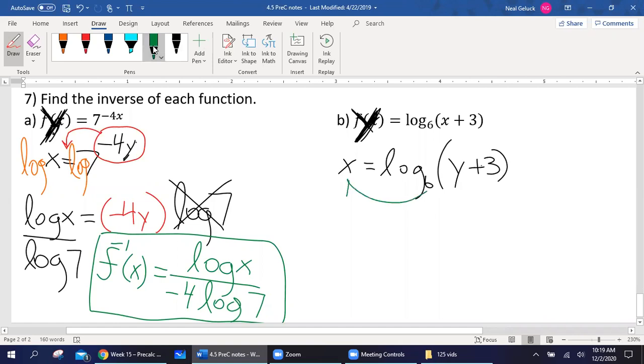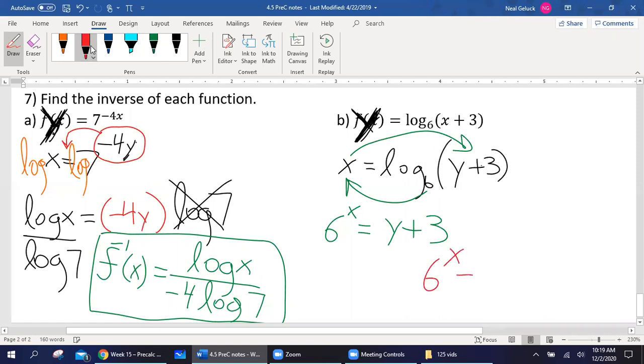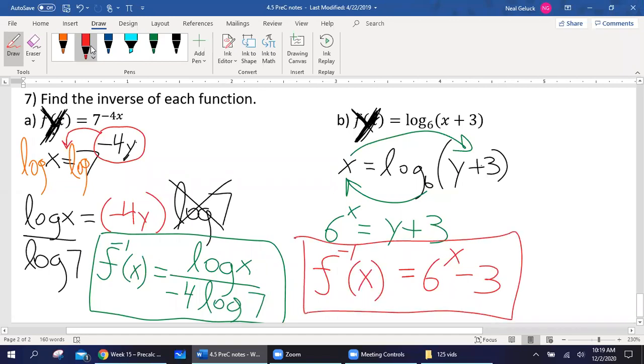So I'm going to do loop-de-loop, convert this to an exponential. 6 to the x equals y plus 3. Then I just subtract over the 3. So I'd have 6 to the x minus 3. And instead of calling it y, again, I'll use inverse notation and call it f inverse of x. And there's my inverse of the function.